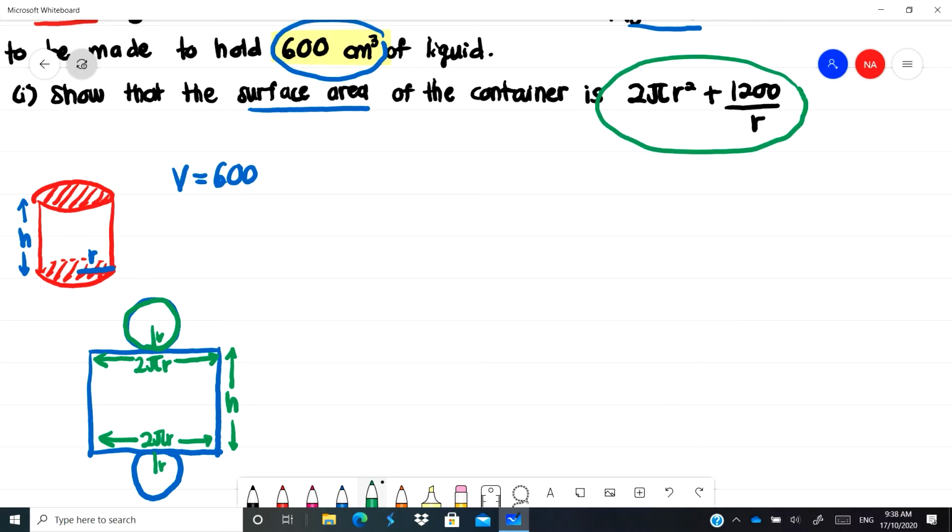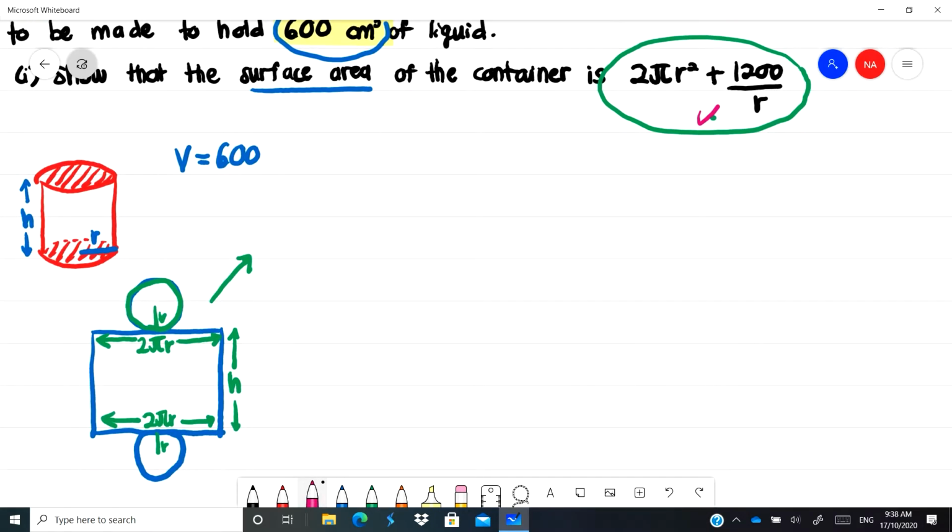You don't start from this, but from the cylinder that you have already imagined. You have to go from this part to this part. To do that, let's firstly write the total surface area formula for the cylinder. The area for this part is the area of the circle, which is given by pi r squared.